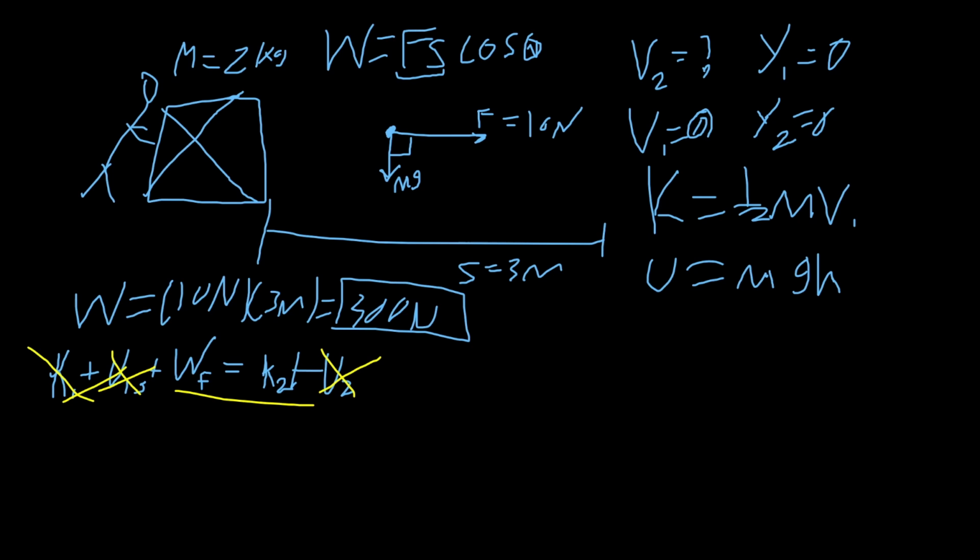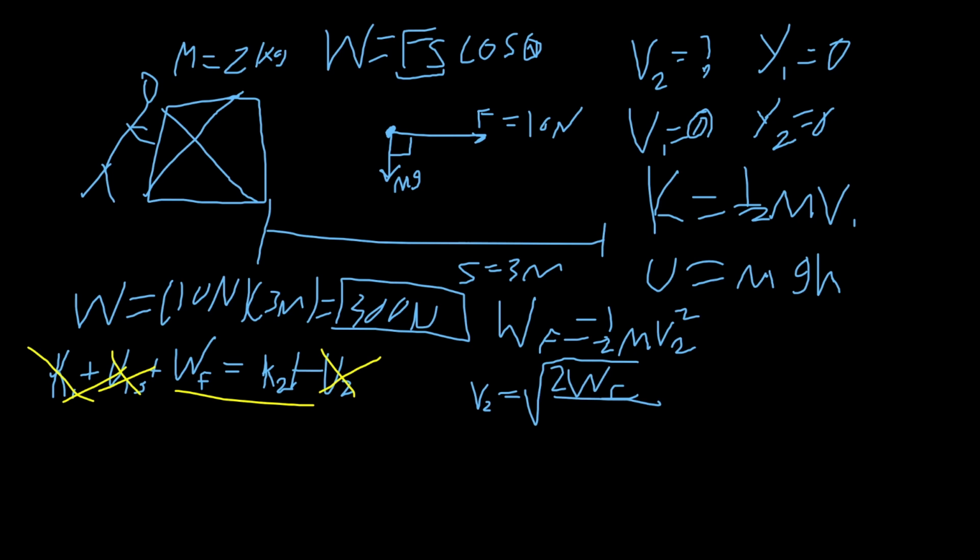So that's going to give us an equation where we say work other equals 1/2 mass times final velocity squared. And now we'll just solve for final velocity, which equals the square root of 2 W over mass.